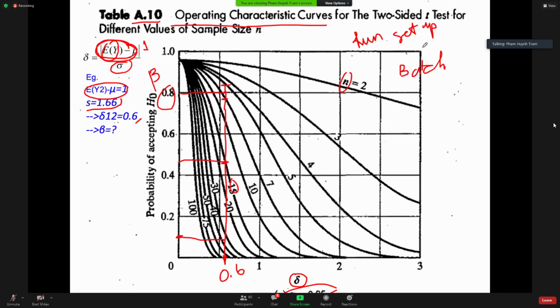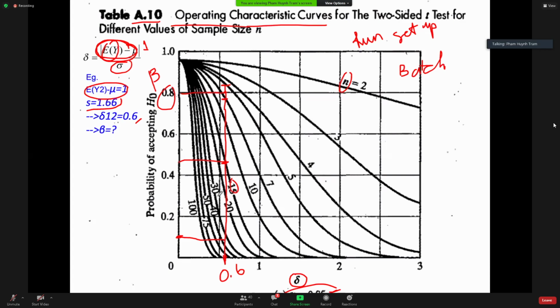So in short, usually we fix a value alpha. A standard alpha value is 0.05 or 0.01, and we usually fix that one. And to determine the number of replication we should run, so we can get an acceptable value of beta, you can use the OC curve.